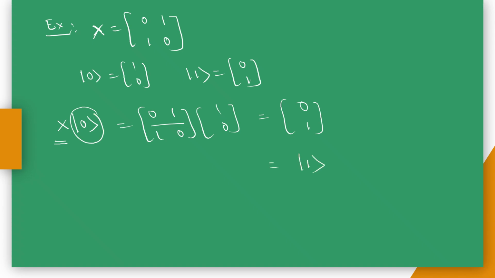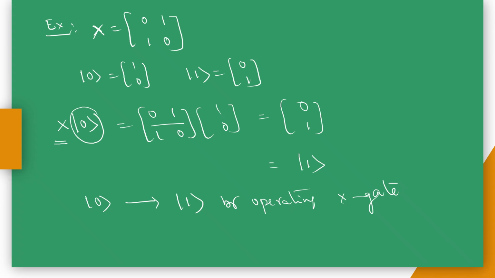It flips the state 0 to 1. That is, if the state is operated on by the X gate, it flips 180 degrees around the X-axis. Similarly, applying the Y gate also flips 180 degrees, with the Y-axis as the rotation axis.